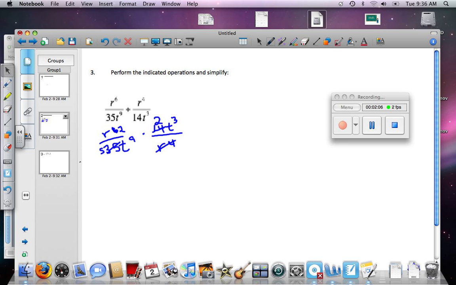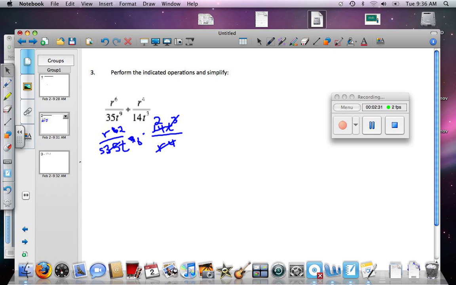Remember, a negative exponent goes to the denominator to become positive. I like to say take the larger exponent and subtract the smaller one. 9 minus 3 is 6, and place it where the larger one was. So that t cubed goes away, and that becomes t to the 6th, because 9 minus 3 is 6, or 3 minus 9 is negative 6, becomes positive on the bottom.